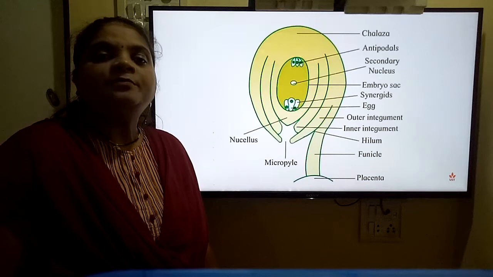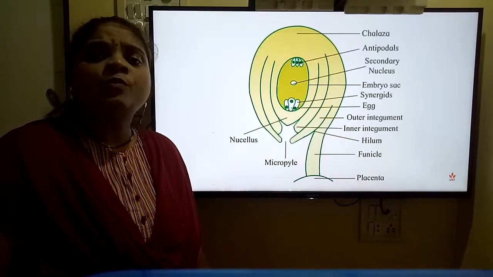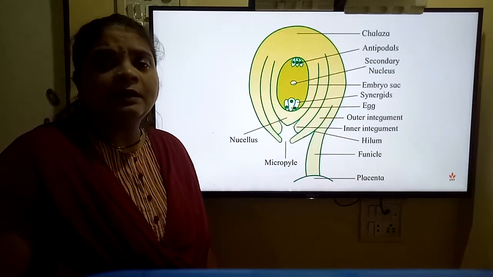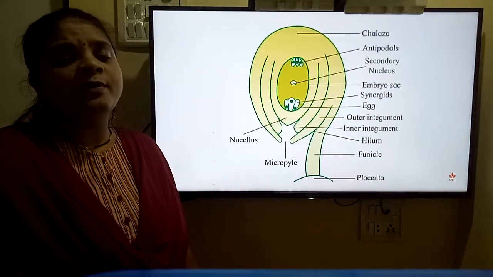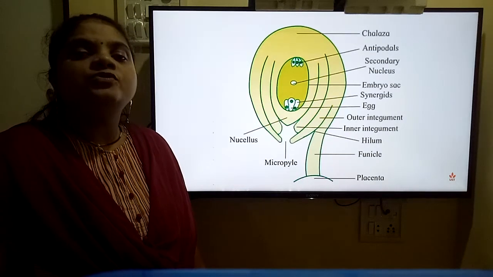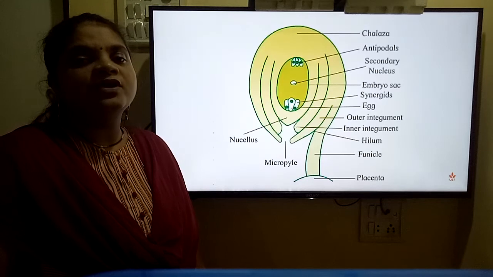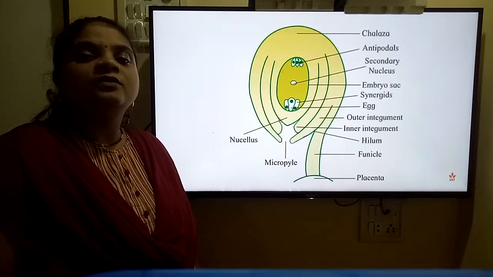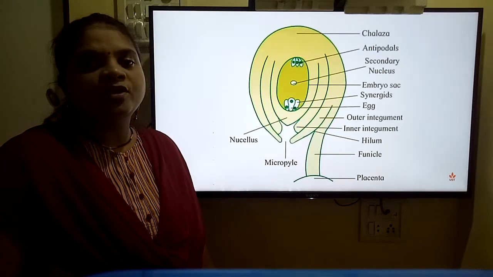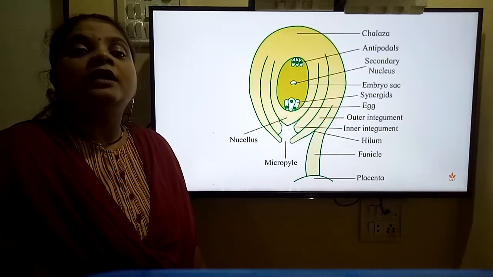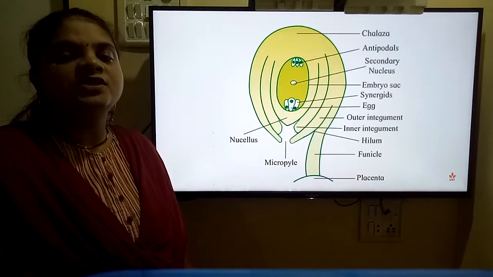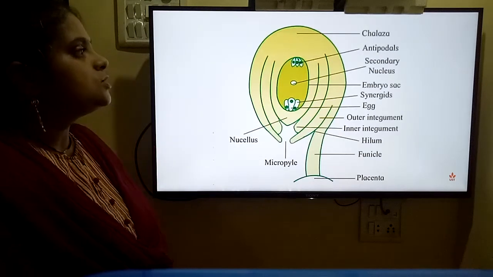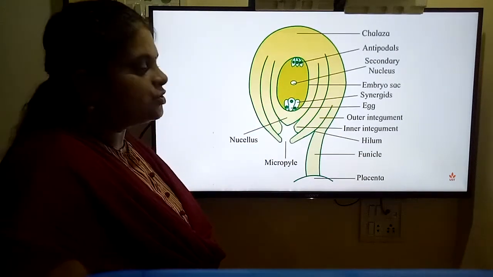There is a small opening at the apex called the micropyle, and exactly opposite to the micropyle is the chalaza at the base. The embryo sac, which is nothing but the female gametophyte, is embedded in the nucellus of the ovule. So this is the structure of the anatropous ovule.